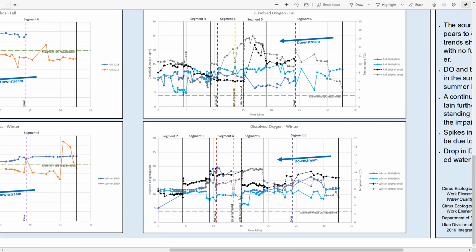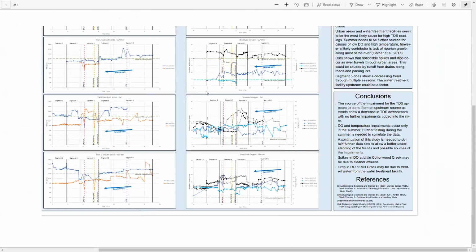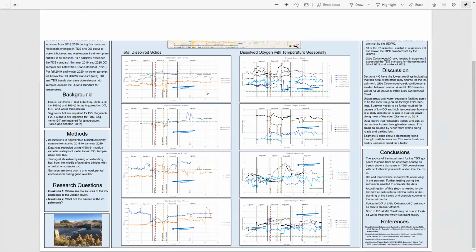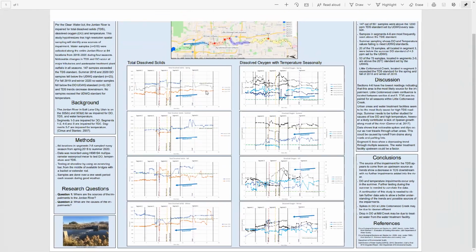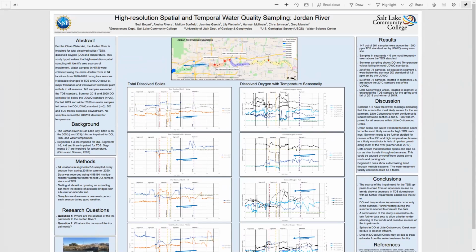So in conclusion, most seasons show similar increases in environmental parameters at section 6 and decreases at the confluences in section 4. Spikes in temperature and dips in dissolved oxygen most often occur in segment 5.